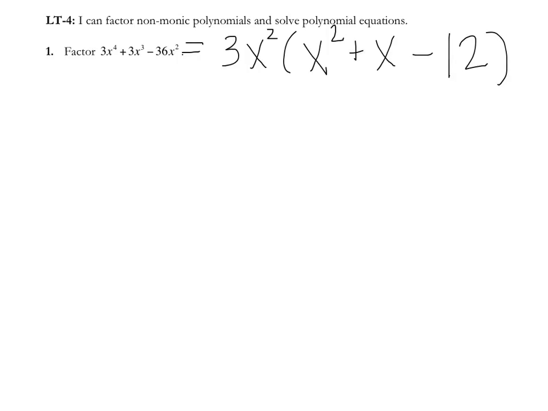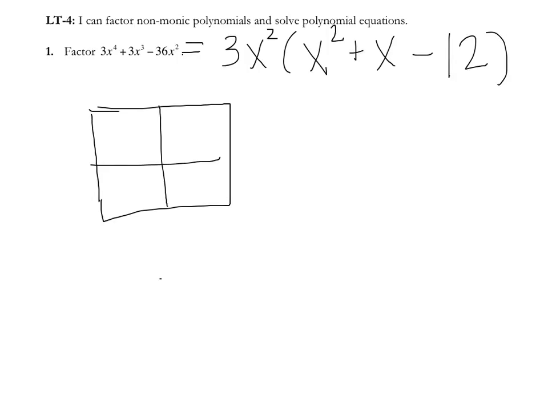So what we're going to do now is think about how we can factor that x squared plus x minus 12 part further. So I'm going to turn to my multiplication box. Remember that any kind of monic quadratic will always factor into x plus some number times x plus some other number.